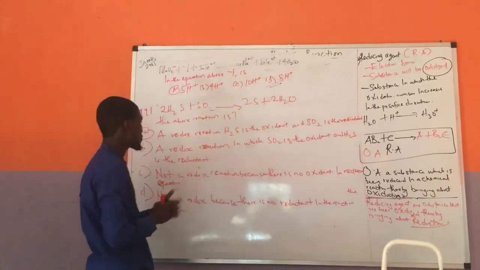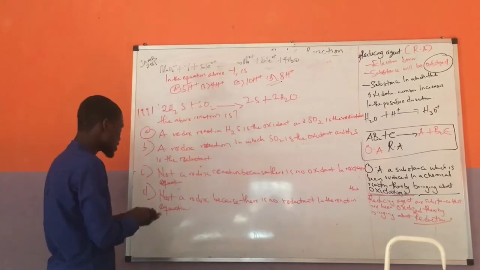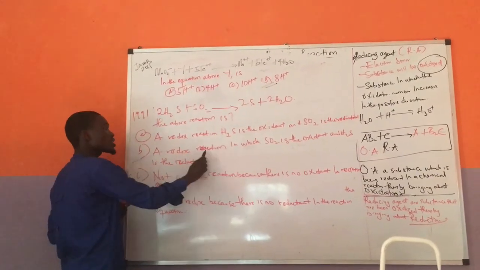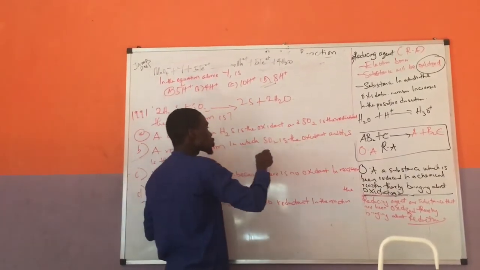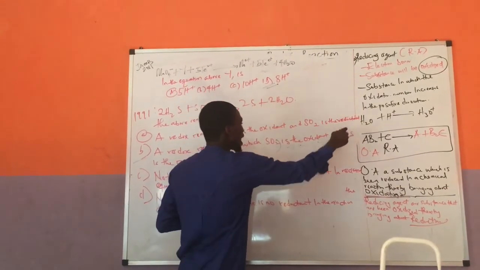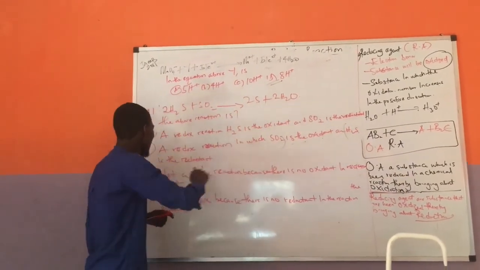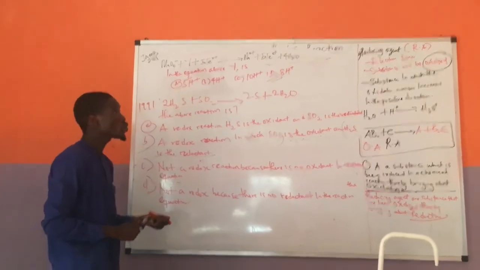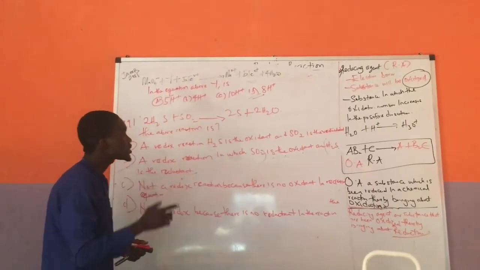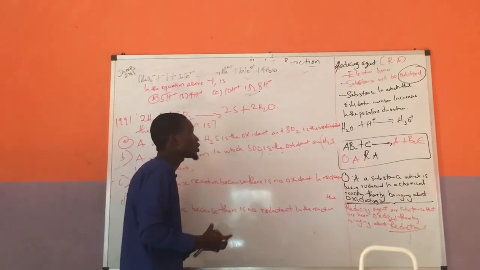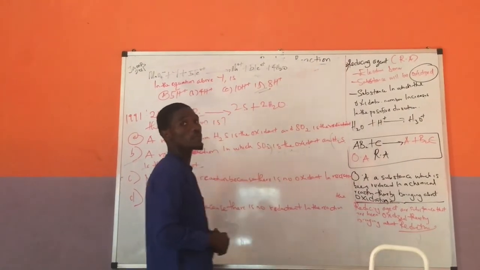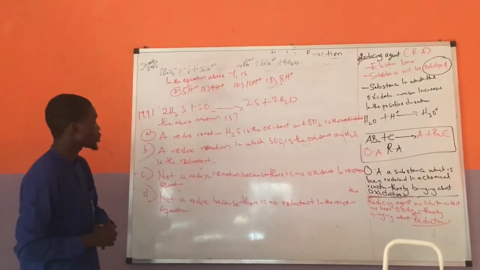So for a question like this, I have to be very careful. So our answer is B, because it is a redox reaction in which SO2 is the oxidant and hydrogen sulfide is what? Reductant. Don't forget that for every reducing agent, we can also call them what? Oxidant. For every oxidizing agent, we can also call them what? Reductant.